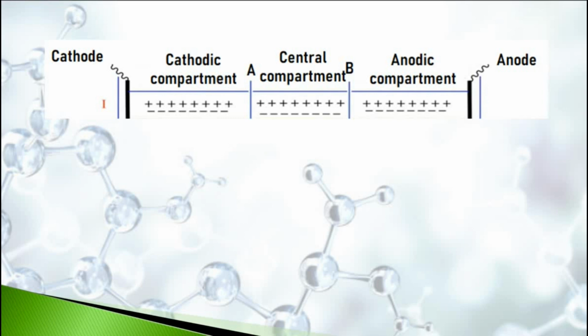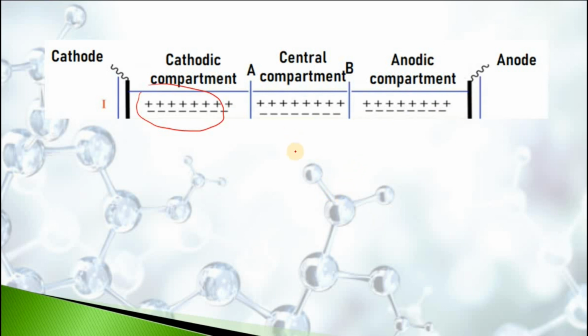But when potential is applied, then ions start moving. For example, cations start moving from anodic compartment to central compartment and central compartment to cathodic compartment. Similarly, anions start moving from cathodic compartment to anodic compartment through central compartment. As a result, the concentration around cathode and anode will start decreasing.